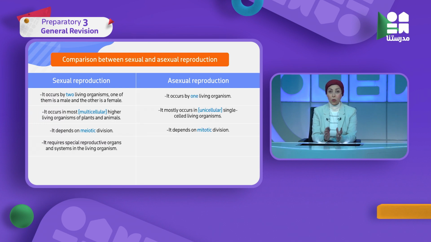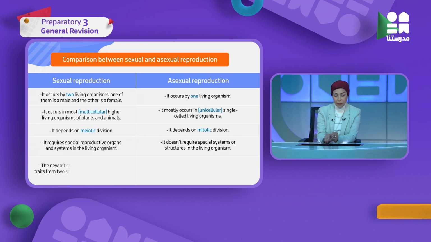Sexual reproduction requires special organs or special systems in the male and the female to happen, while asexual reproduction doesn't require any organs or systems, because the cell itself divides mitotically to give new individuals and new offsprings containing the same number of chromosomes as the parent cell.